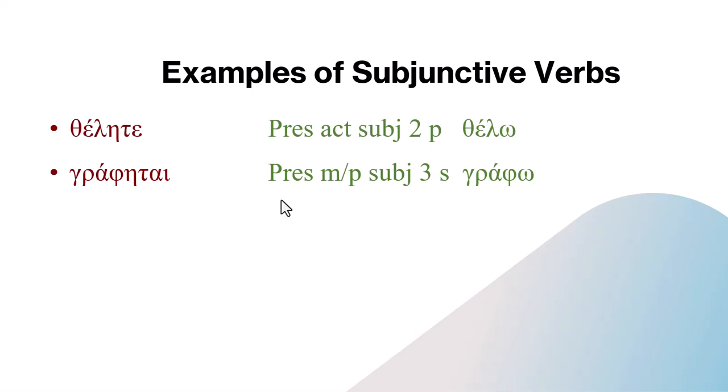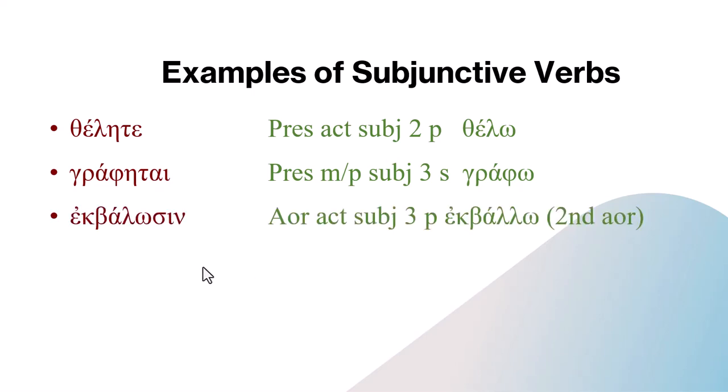Graphetai. This is a present middle passive subjunctive, third singular. This shows up in the indicative a lot in the passive: it is written. In the subjunctive, this would be more like that it may be written, or if it were written. Ekbalosin. So here we have a second aorist.